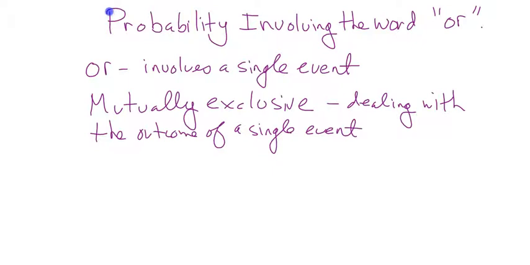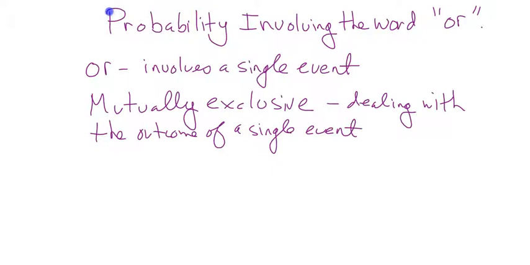We can only use mutually exclusive if we're talking about a probability that involves the word or. If it involves and, then it's not a single event anymore, and it doesn't involve mutually exclusive or not mutually exclusive. The opposite of mutually exclusive is not mutually exclusive. It's just not mutually exclusive.